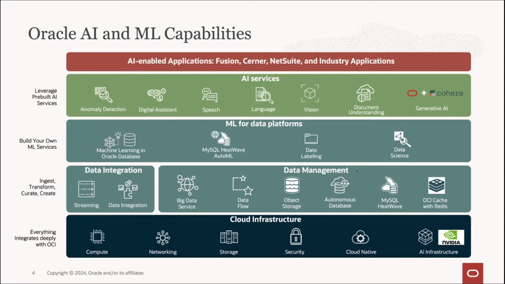But we are also very interested in the next row there, which is ingest, transform, curate, and create, where we're talking about data integration, data management, data monitoring, and observability. In these cases, we think there are great advantages of using GenAI technologies specifically for this segment, and we are going to see a little bit of that today.